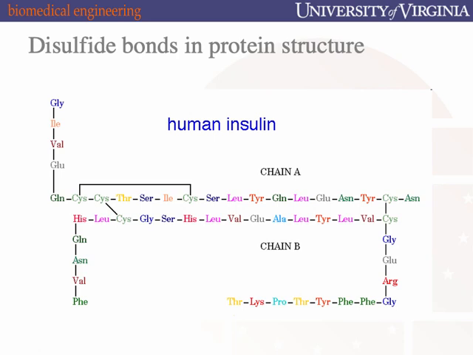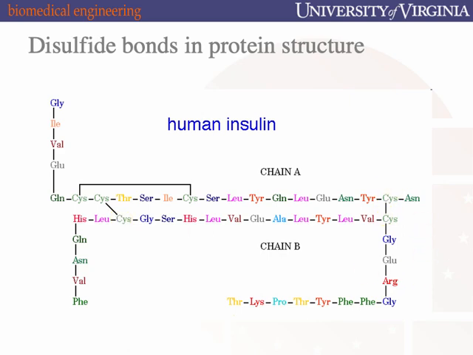Insulin is a secreted protein, so that means it exits the cell and travels in our bloodstream, travels in the extracellular space. It's in an oxidizing environment, and in fact, for it to be in its bioactive form, for it to do the things with relation to control of blood sugar, etc., it needs to be properly folded, it needs to be properly organized, and part of that proper organization is through the formation of disulfide bonds, as shown here, cysteine to cysteine disulfide, cysteine to cysteine disulfide, cysteine to cysteine.